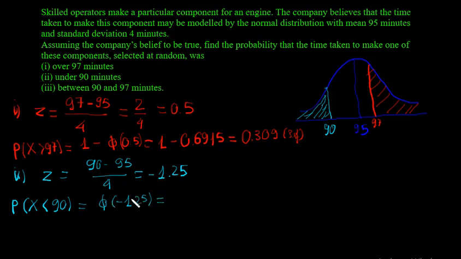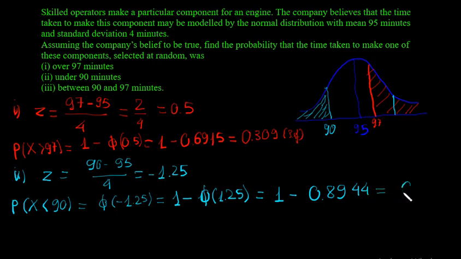But we cannot find this in the z-score table, so we have to use our equation: minus phi of 1.25. 1.25 will be somewhere here. When we use the z-score table to find it, we have 1 minus 0.8944, but we have to round, so my final answer is 0.106.